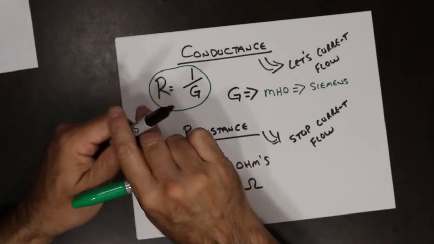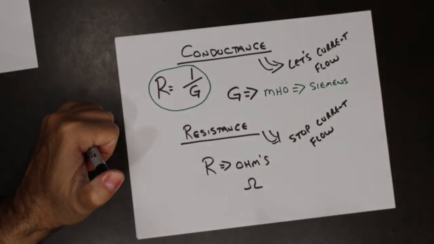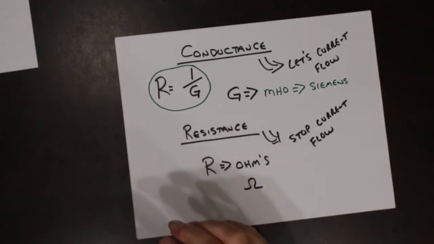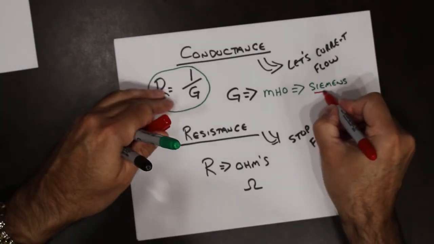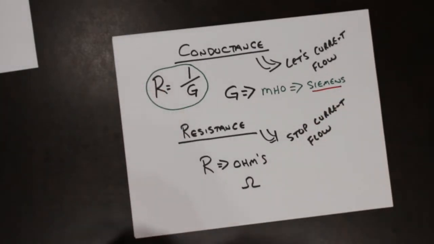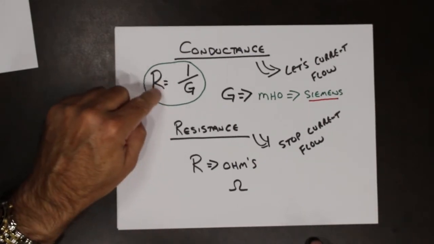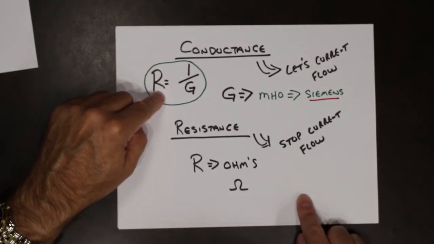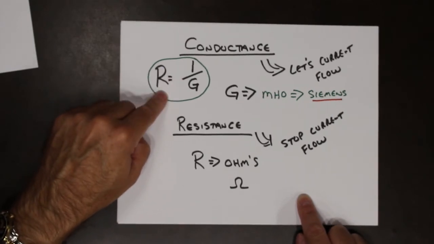So the symbol for conductance is G, and the unit is the Siemens. To calculate it, it is the reciprocal of resistance.